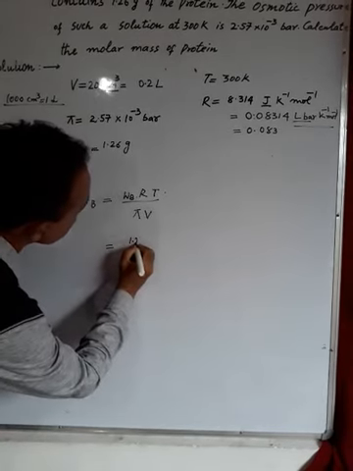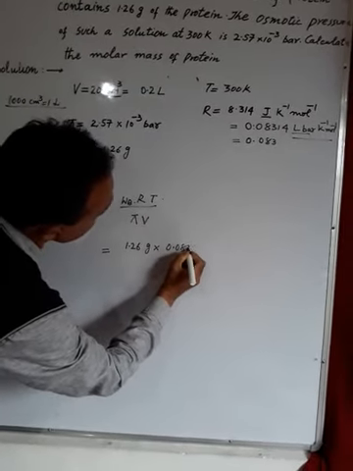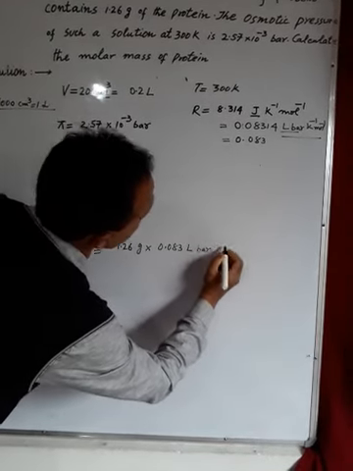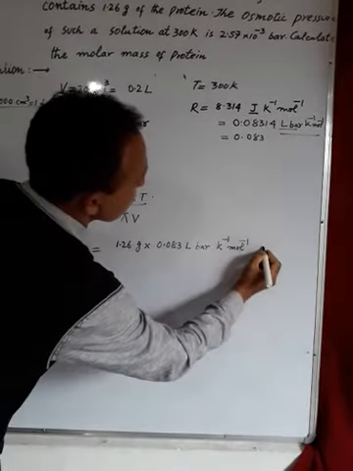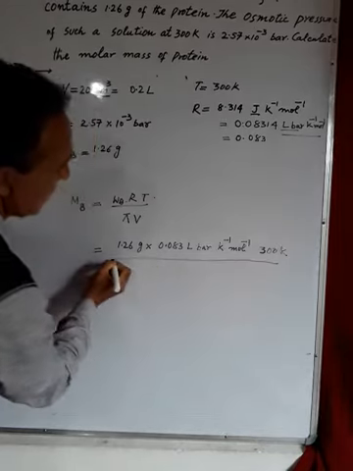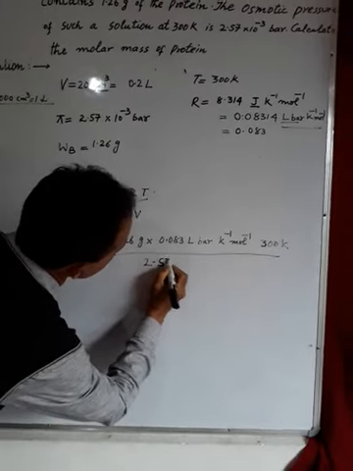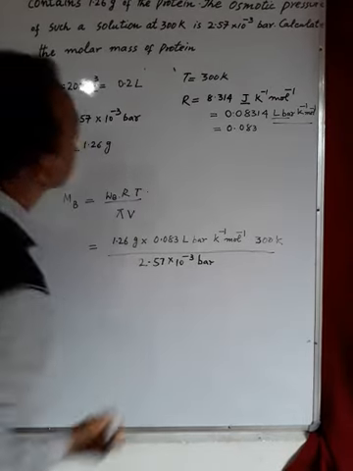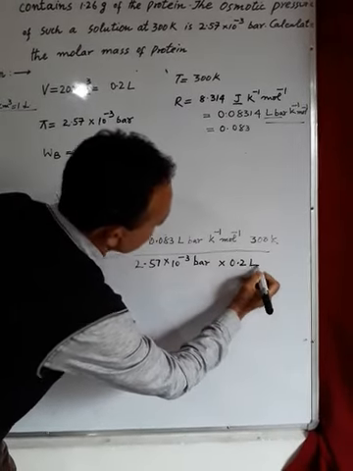WB is equal to 1.26 grams into R is 0.083 liter bar per Kelvin per mole, into T is 300 Kelvin, divided by pi is 2.57 into 10 raised power minus 3 bar, into V, that is 0.2 liter.